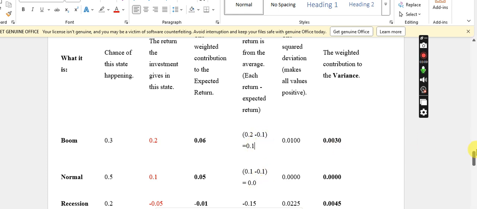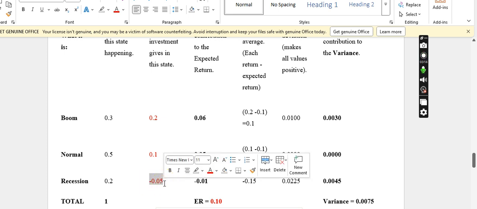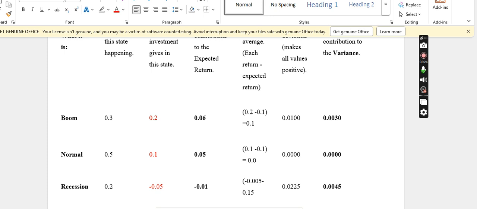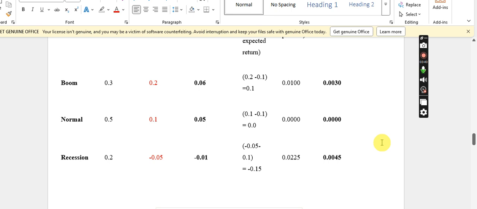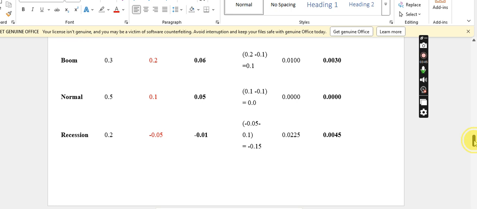Here -0.05 minus 0.1, you get -0.15. So each return, we subtracted from the expected return, and the expected return is 10%.